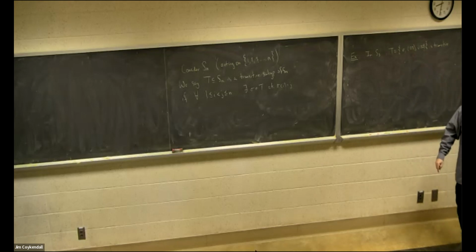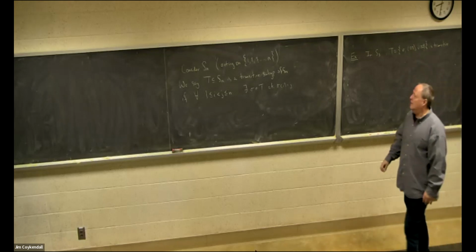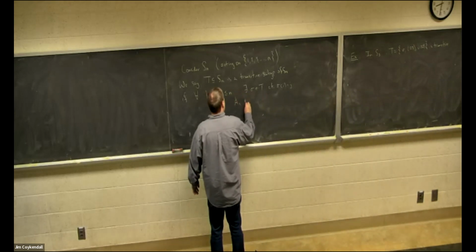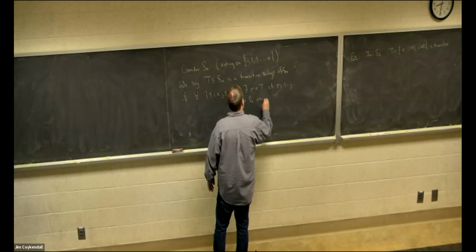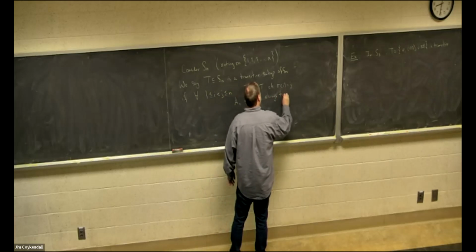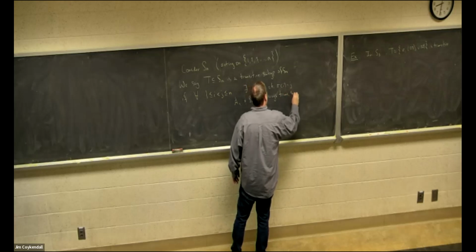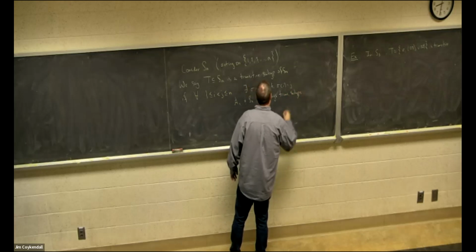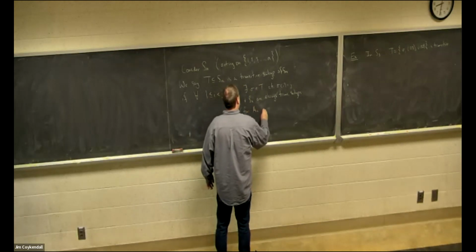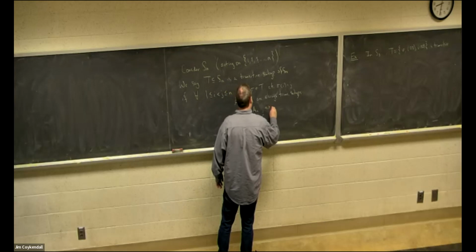Right? In fact, it turns out that An and Sn are always transitive subgroups. For An, we want n to be greater than 2.